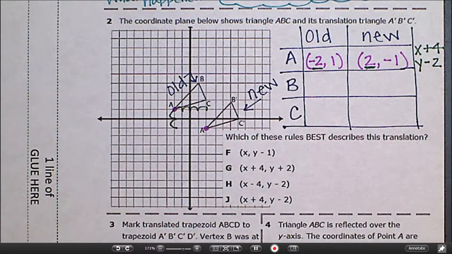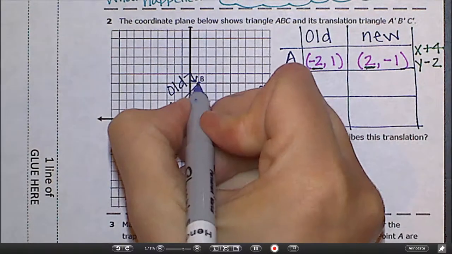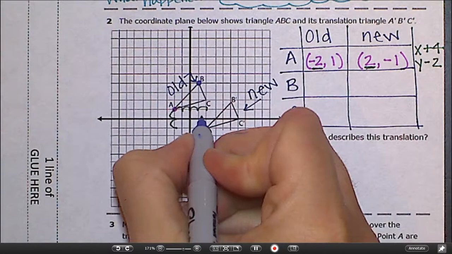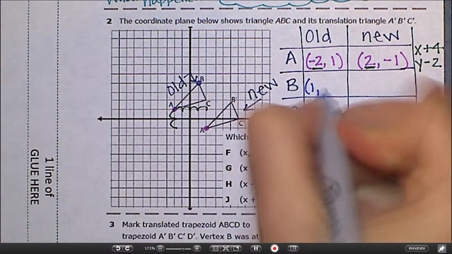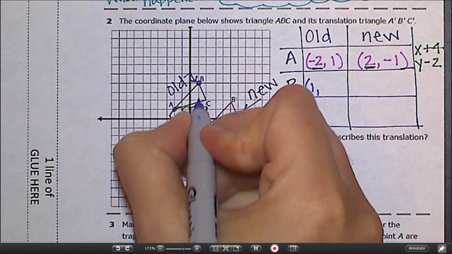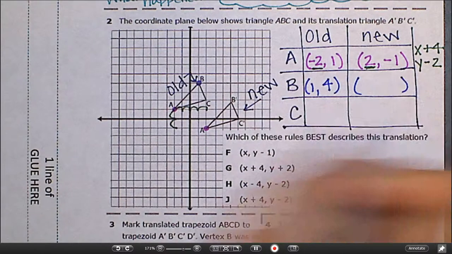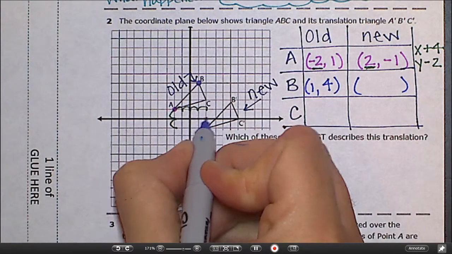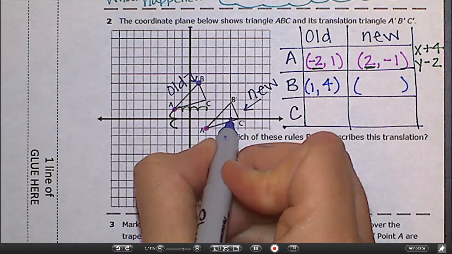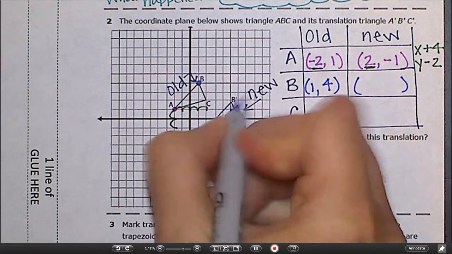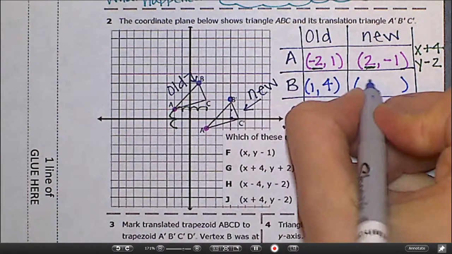All right, now let's look at the next set of points. B is at 1, and then 1, 2, 3, 4, so 1, 4. And then B prime is 1, 2, 3, 4, 5, and then up 2, so 5, 2.